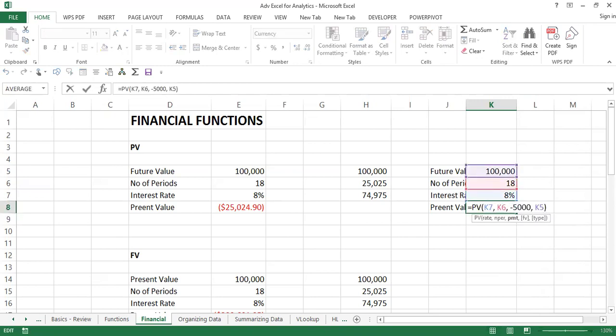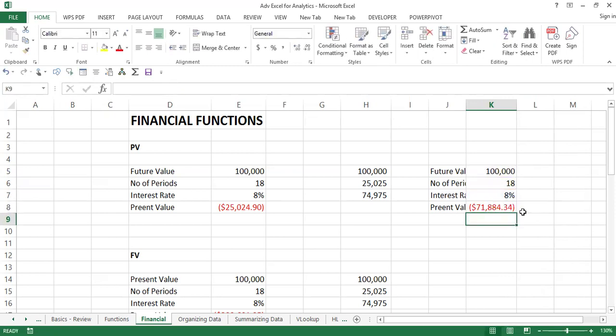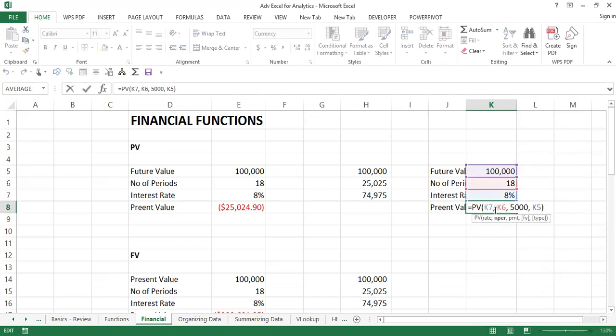Now, if I put 5,000, what that 5,000 means is you want this to be your future value, right? And every year you want to be withdrawing this amount.